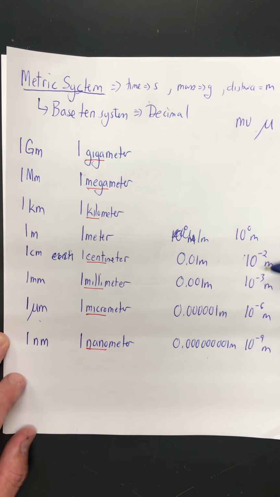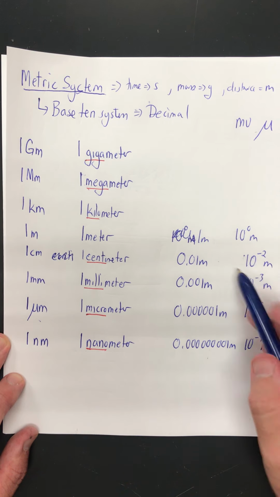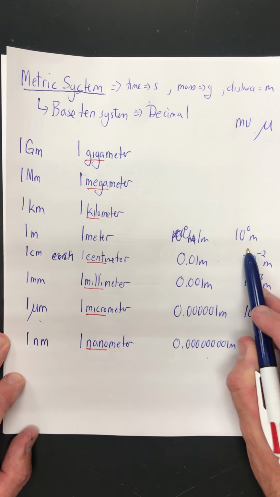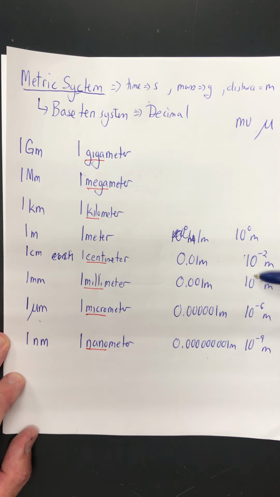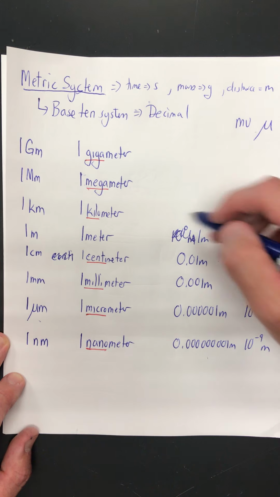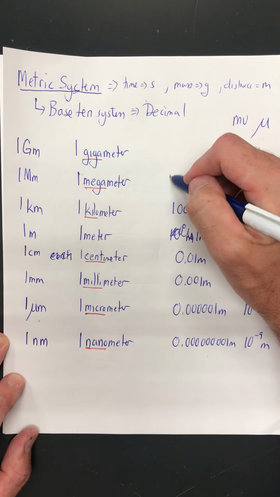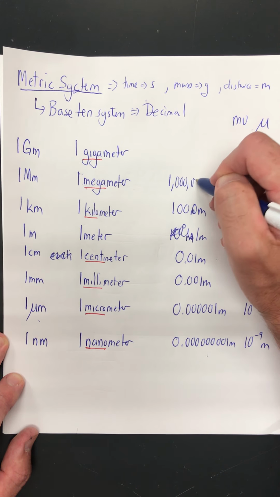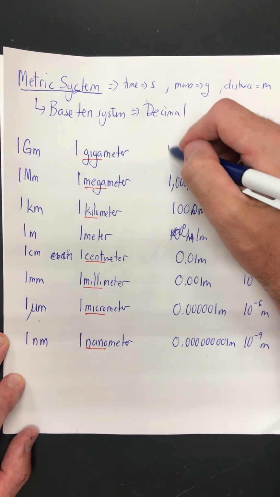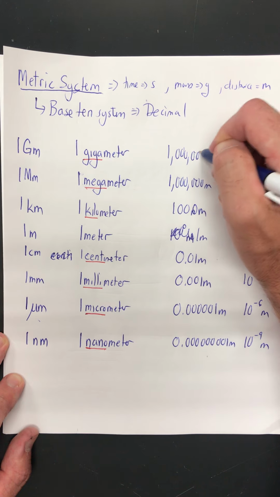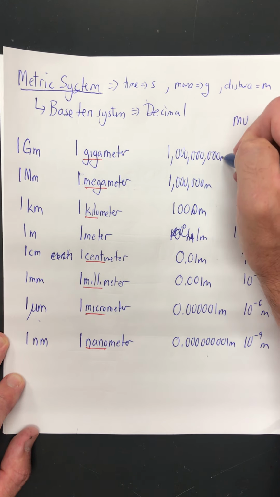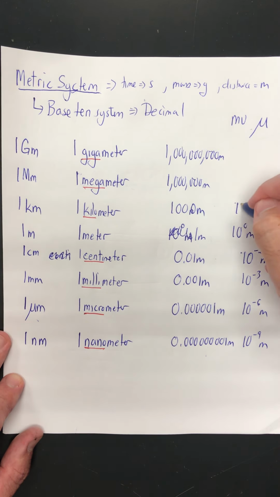So if you notice, outside of here, where like deci is 10 to the negative 1 meter, we have a prefix every 3 numbers here. Kind of the same going up. A kilometer we know is 1,000 meters. Megameter is 1,000,000 meters, right? And giga is 1,000,000,000 meters. And so we seem to have another prefix every time we go up 3 levels here.